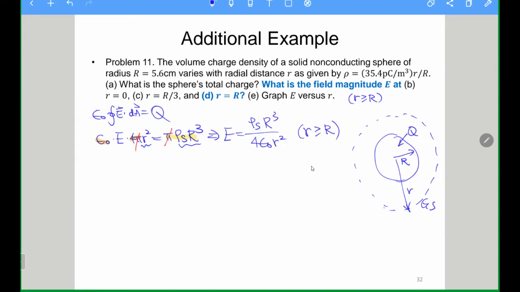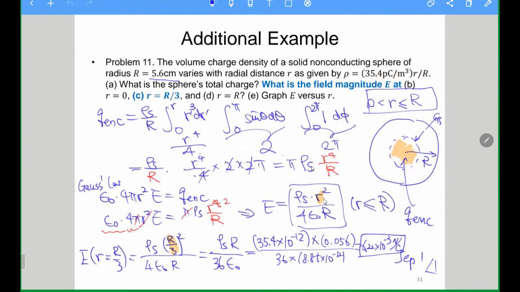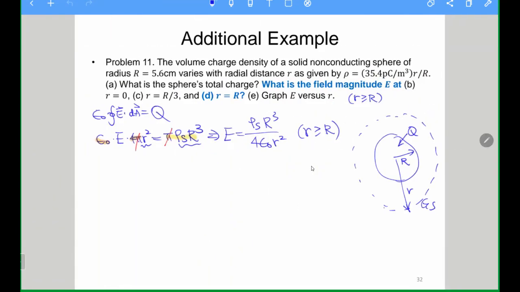You can feel free to plug in r equal to capital R here for finding E at r equals capital R, or you can plug it into the previous expression. The answer will be the same, so here we just choose one.